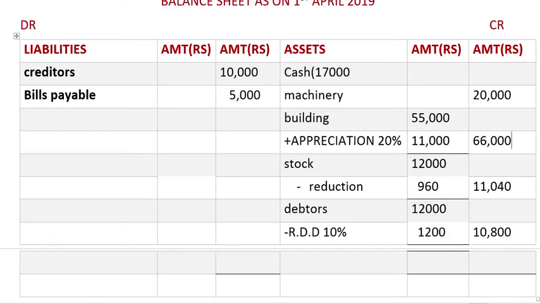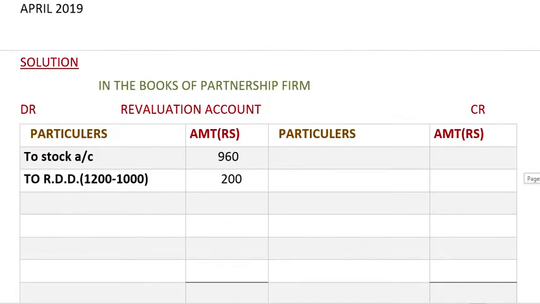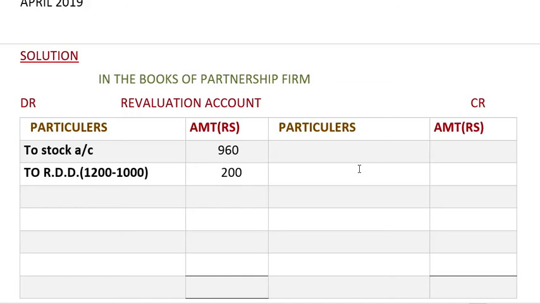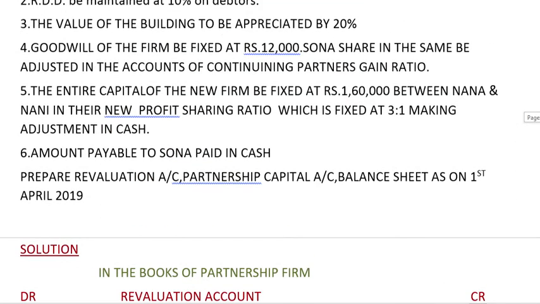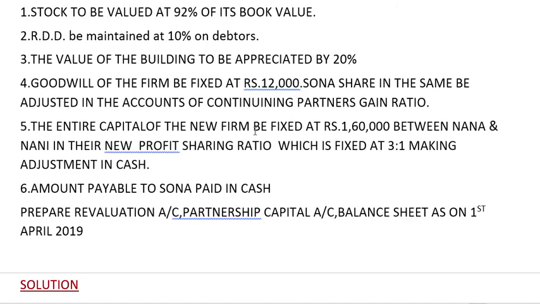Okay, this appreciation will go in the revaluation account, credit side, by building account. How much? 11,000. Now next, goodwill of the firm be fixed at rupees 12,000.